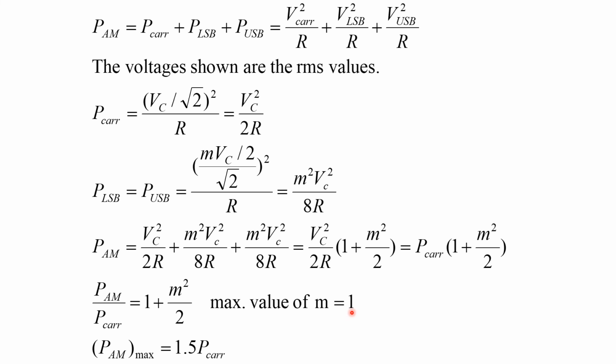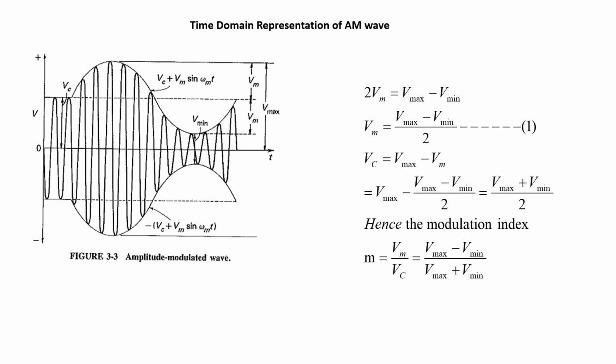In that case, the maximum power needed to propagate the amplitude modulated wave will be 1.5 multiplied by P carrier, where P carrier is the power needed for the carrier wave. So we can say that the power required for propagation of an amplitude modulated wave is 1.5 times the power required to transmit only the carrier wave.